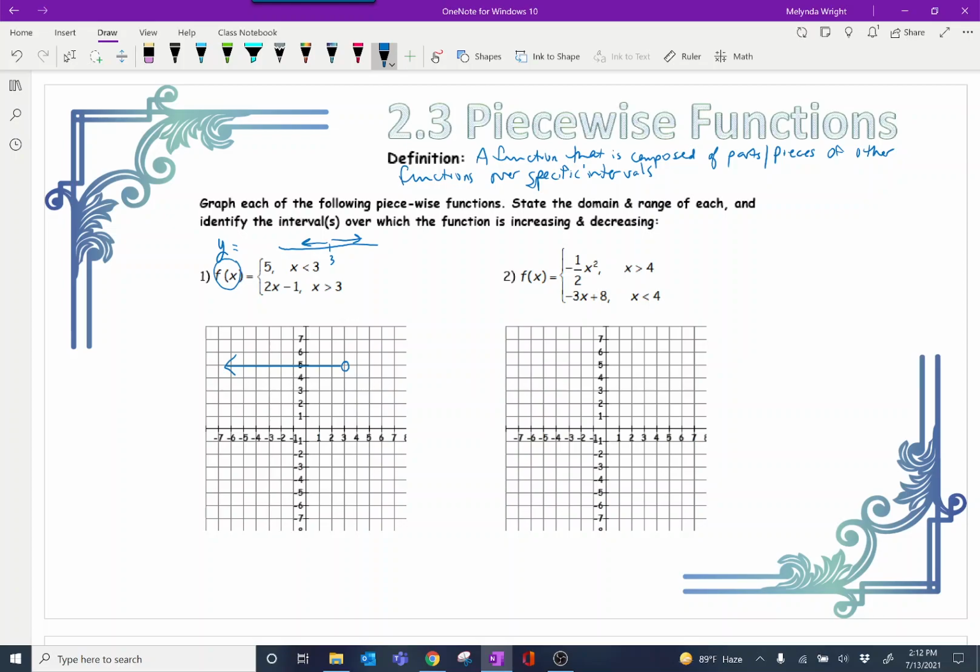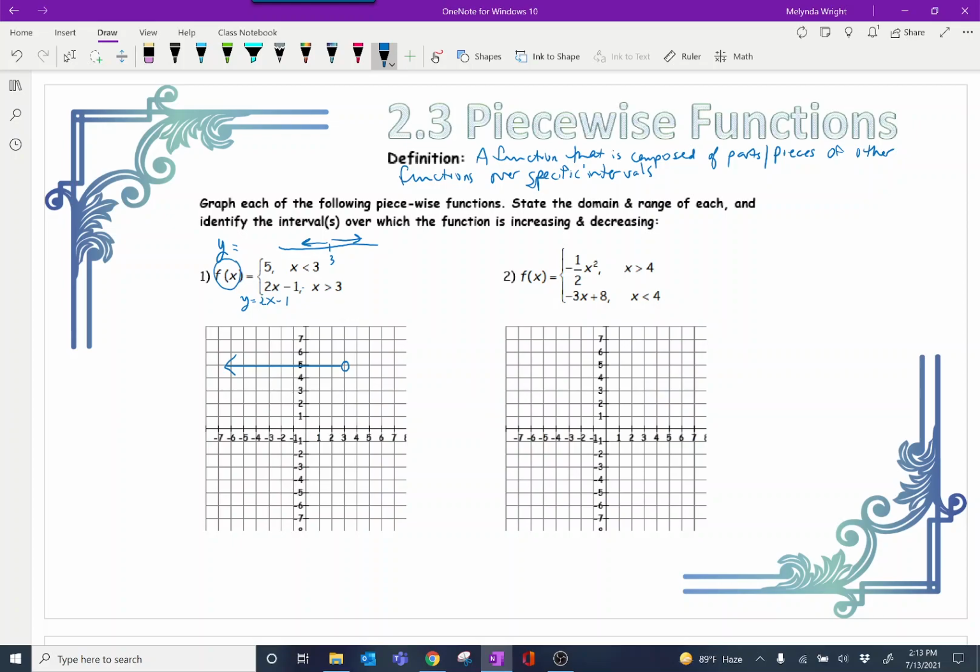Here, when x is larger than 3, y equals 2x minus 1. Now you might think, I like to graph using the y-intercept, but if I start at the y-intercept, that doesn't belong to this piece, so that would be weird.